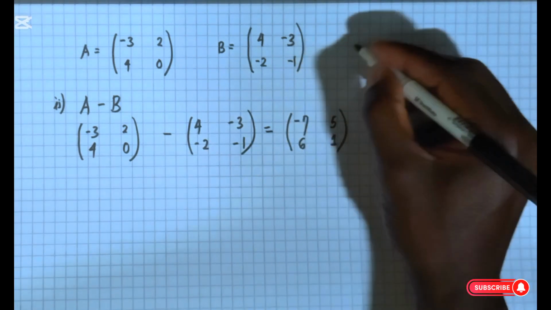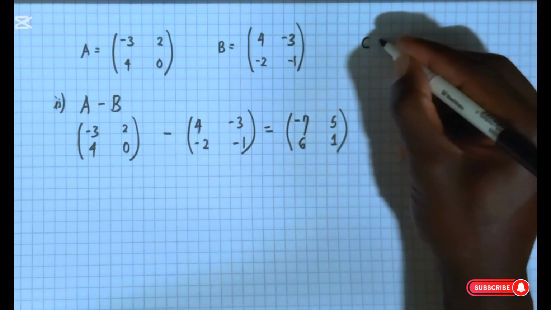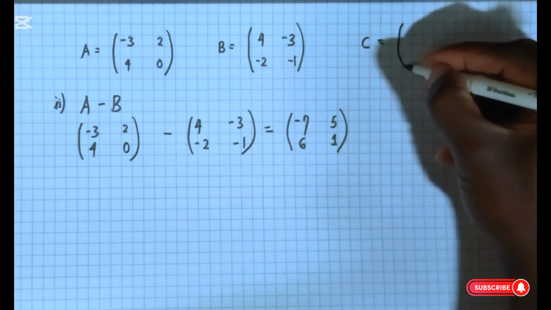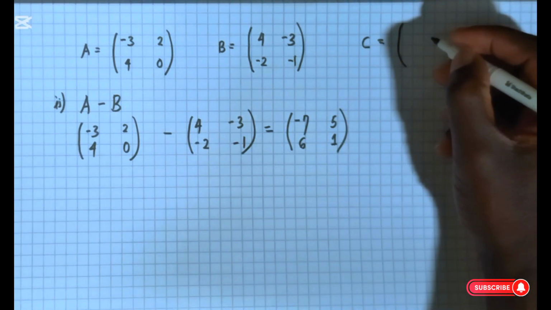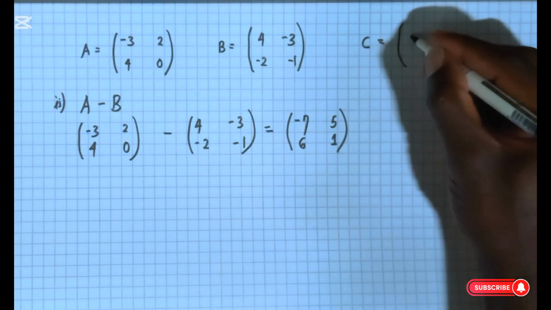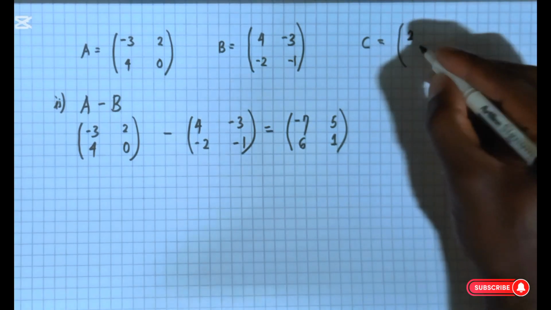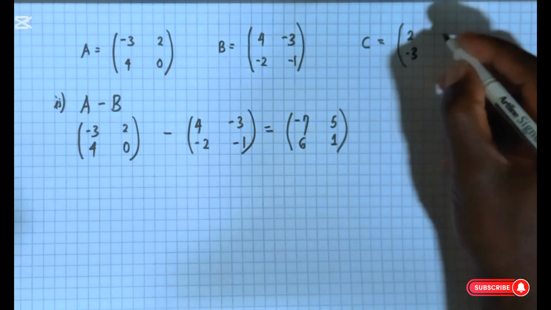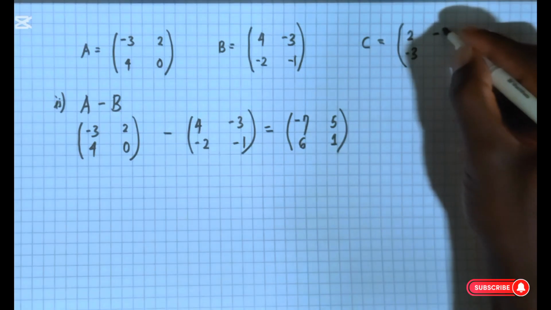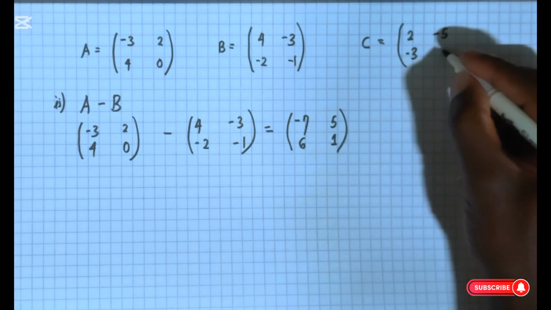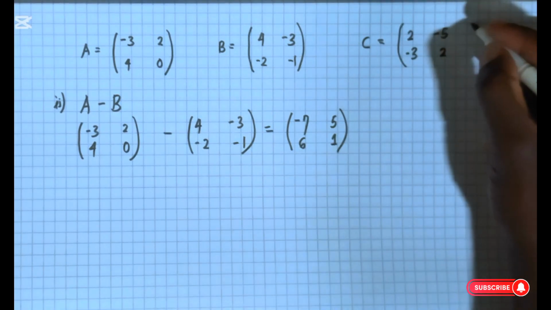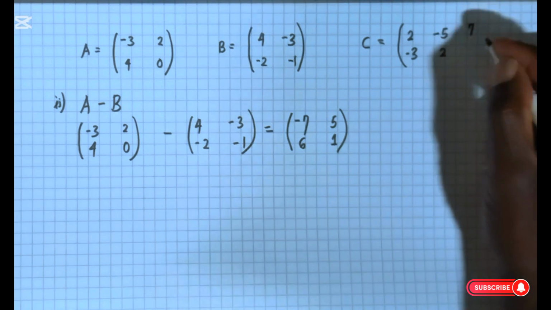Assuming we had another matrix here, C, and it was of order 2 by 3, let's say we have 2, -3, -5, and 2, 7 and 4.